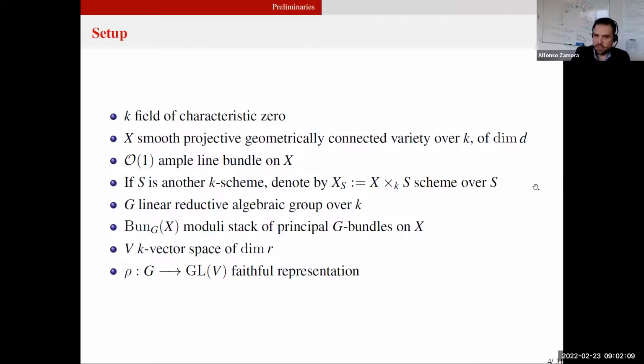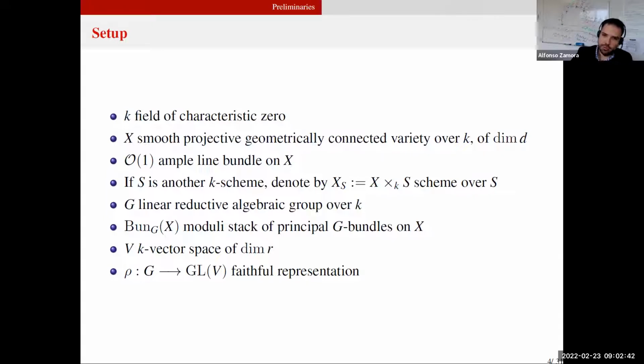X is a smooth projective variety, geometrically connected of dimension d over the field K, with a polarization: O(1) is an ample line bundle on X. We use the notation X_S for the fiber product over another scheme S. And since we're going to study G-bundles, we need a group: G will be a linear reductive algebraic group over K. Then Bun_G(X) is the moduli stack of principal G-bundles on X.